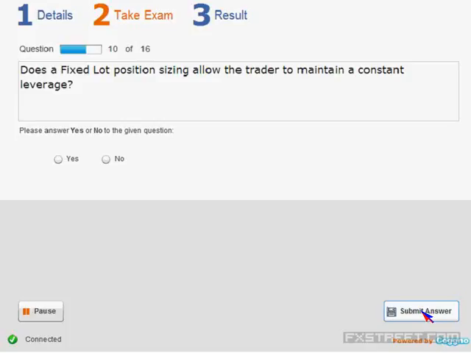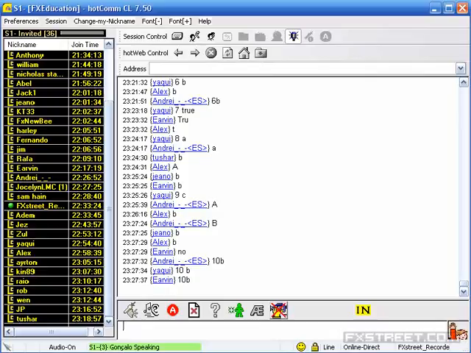This question brings us back to all the elements that should be considered when we calculate the position size, right? Is the leverage? I would add to the question the effective leverage, the real leverage. Is the real leverage able to remain constant?